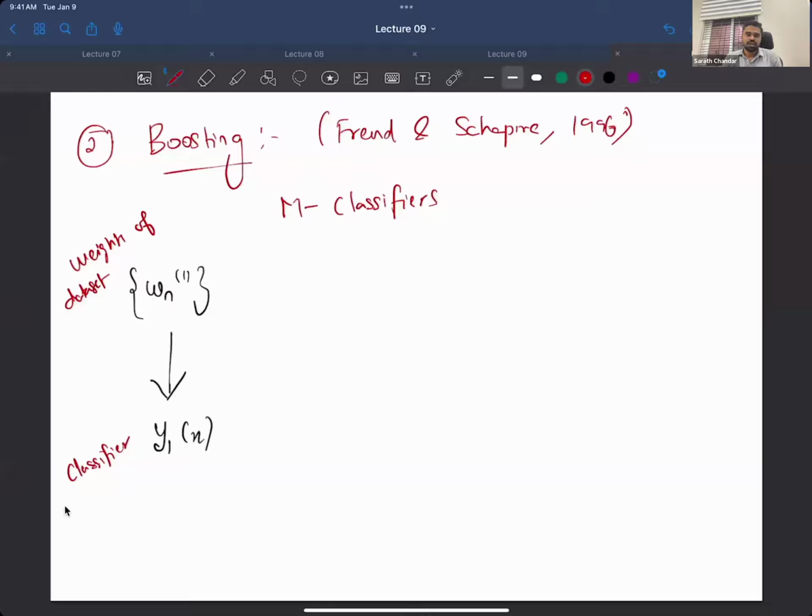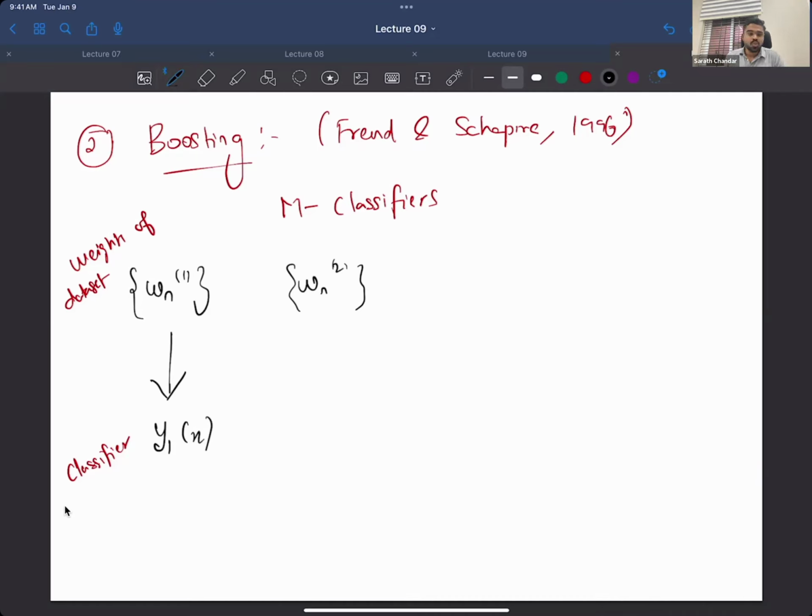After I finish training the first classifier, I'm going to reassign the weights for each example. So I'm going to get a new set of weights, wn of 2. The crux of this algorithm is in how you assign these weights.